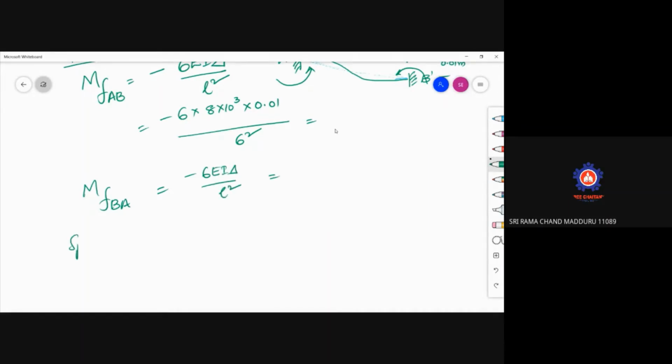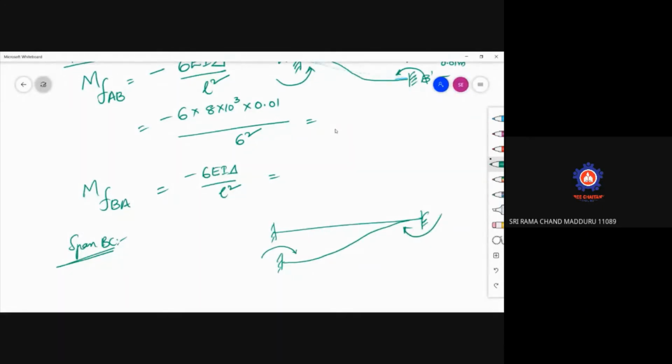Whereas coming to span BC, what is happening now in this? B is there, C is like this. Support B settles like this, which gives a moment like this.